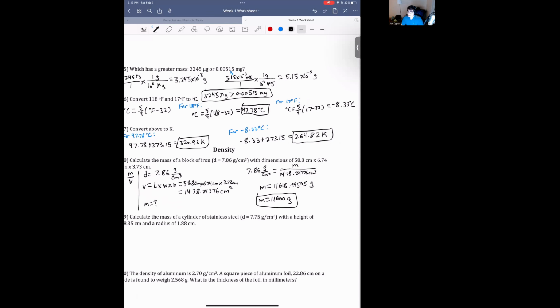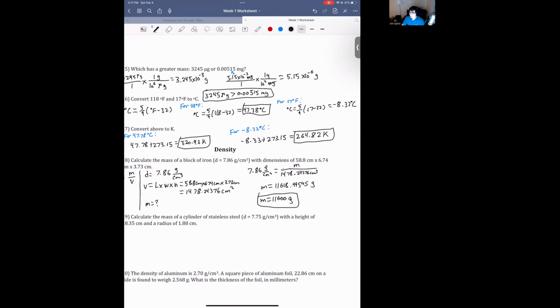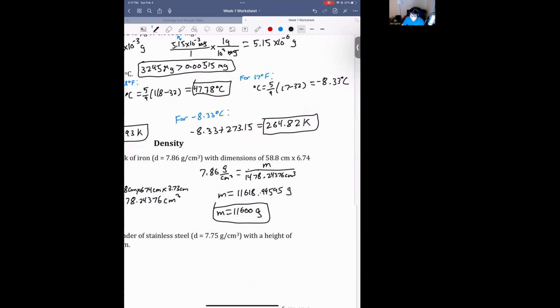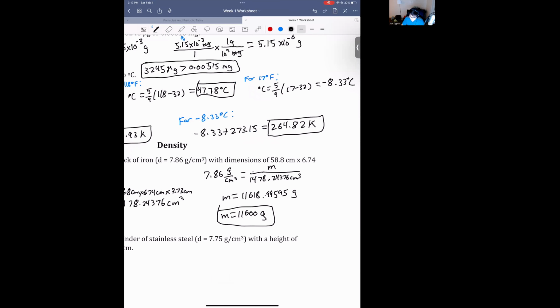The other way you can do this, in the way that I think is vastly preferable for most things with math, is to solve this algebraically first, meaning don't plug in numbers until you have an expression. So if I were to start and do it over here with D is equal to M over V, and I wanted the volume, right?